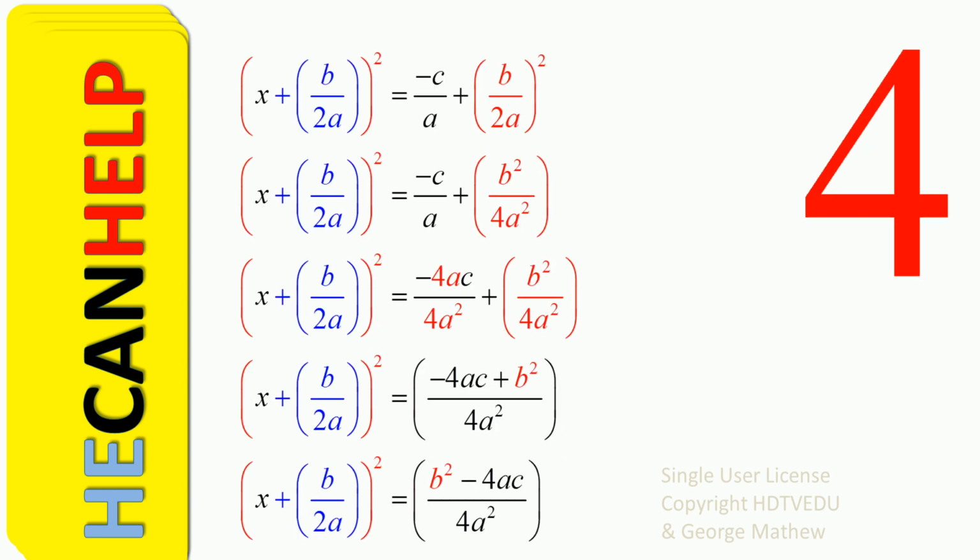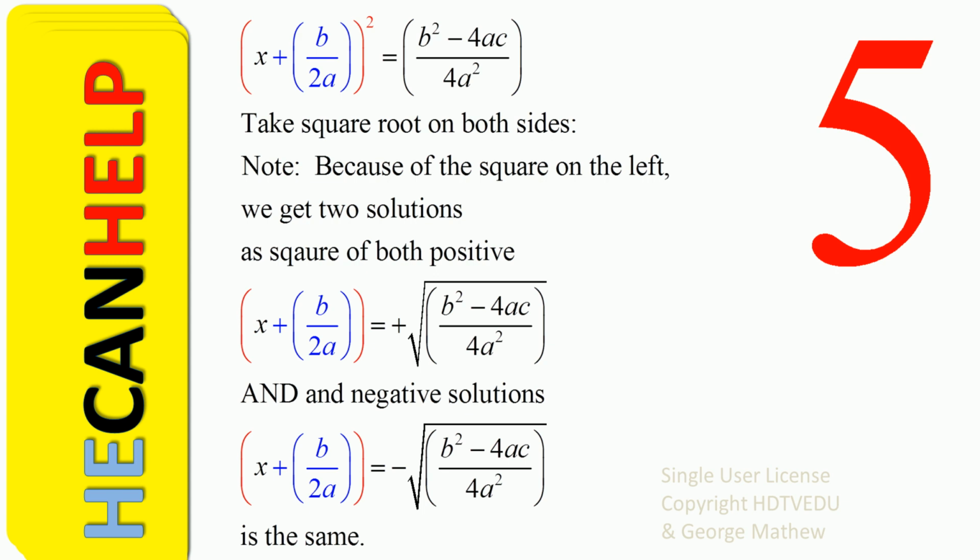And we have x plus b over 2a, the whole squared, is equal to negative c over a plus b over 2a, the whole squared. b over 2a whole squared is b squared over 4a squared. And then find the common denominator, and you get b squared minus 4ac over 4a squared.